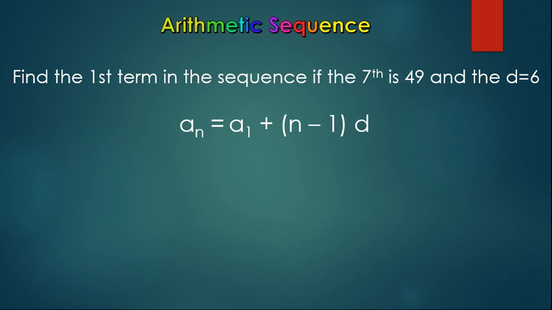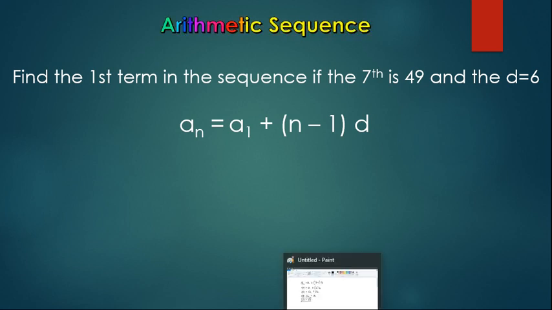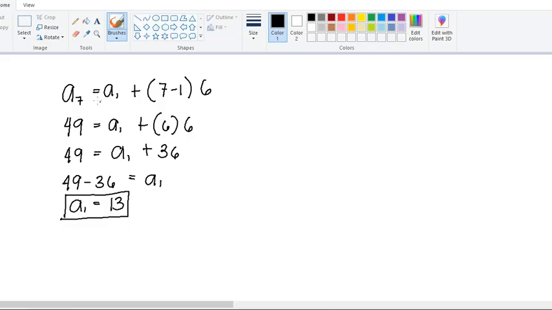So, if you want to check, you can list down, since up until 7 lang naman yung given. So, we have here 13. Again, the common difference is 6, so let us add 6. So, 13, we have 19, 25, 31, we have 37, we have 43, and of course 49, which is our given na seventh term.